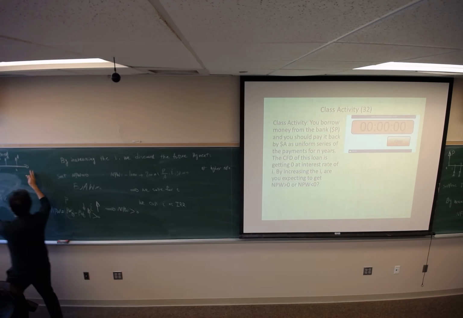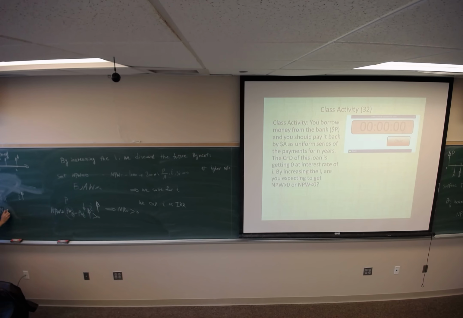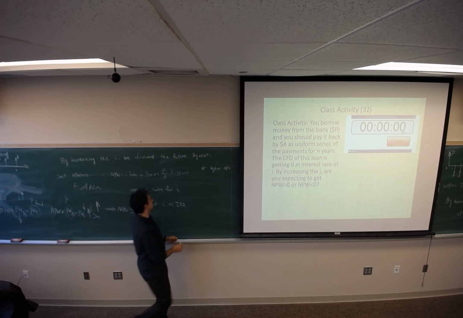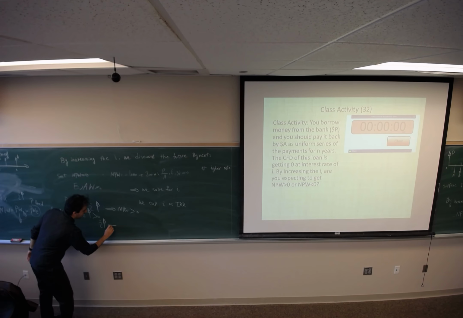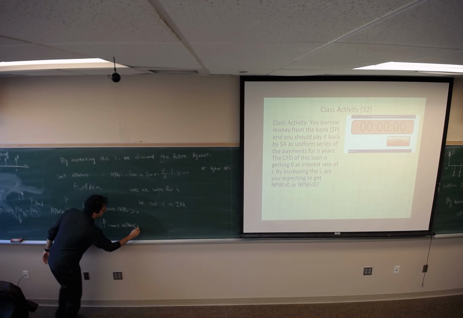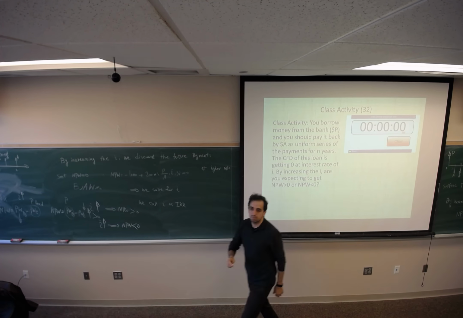So when you calculate net present worth, which is present worth of the benefit minus present worth of the cost, this is P and fixed, but present worth of the benefit by increasing the I is going to decrease because you discount this at the higher rate. So then net present worth is going to be negative. Make sense?